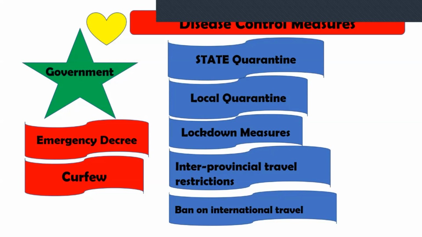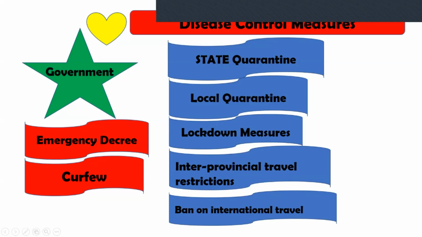It is the time that limits people at home, and they go out only at special times. We also have lockdown measures, lockdown of the city, some inter-provincial travel restrictions and a ban on international travel during the crisis.